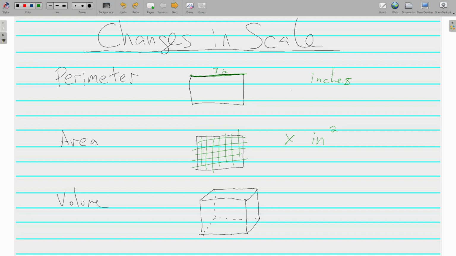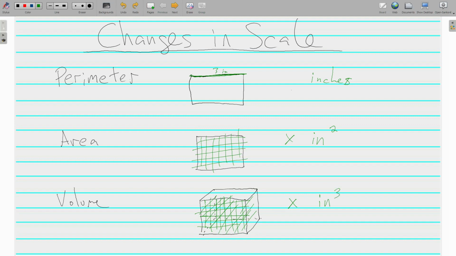Volume, of course, is a three-dimensional thing, and I don't know how I'm going to draw this here, but it's got length, width, and height. Oh, that's a mess. But basically, we're looking for how many cubes fit inside an object. It has length, width, and height.